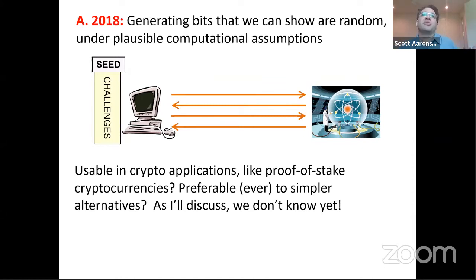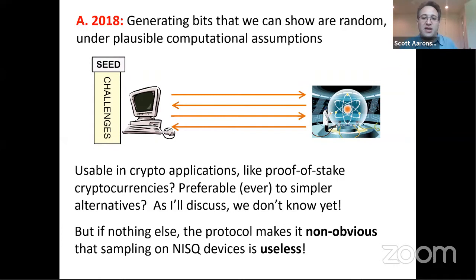This would have to compete against all sorts of other things. So I don't know if it will be useful in practice, but the claim that I'll make for it is that at least this protocol refutes the statement that it is obvious that sampling on NISQ quantum computers has zero application to anything. It refutes the obviousness of the inapplicability.